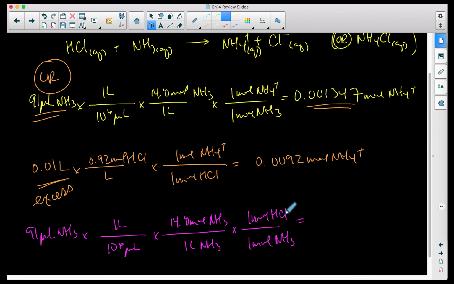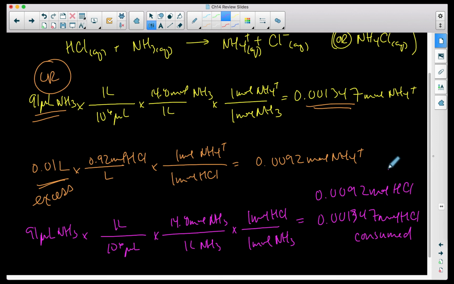So if I look at those numbers, I would get 0.001347 moles consumed, where I know that I start with 0.0092 moles of HCl to begin.